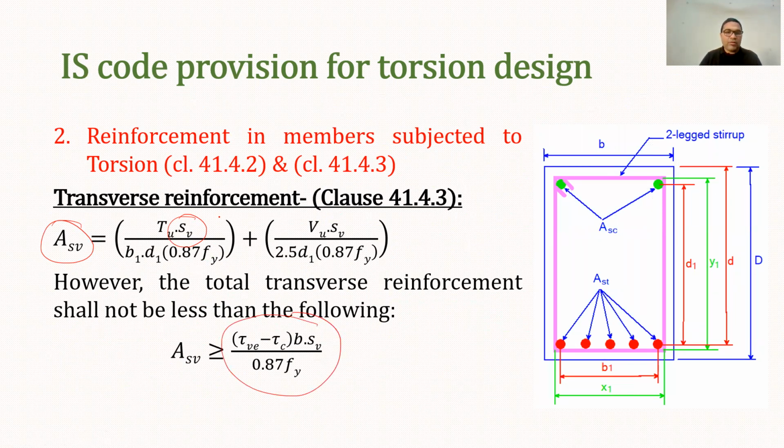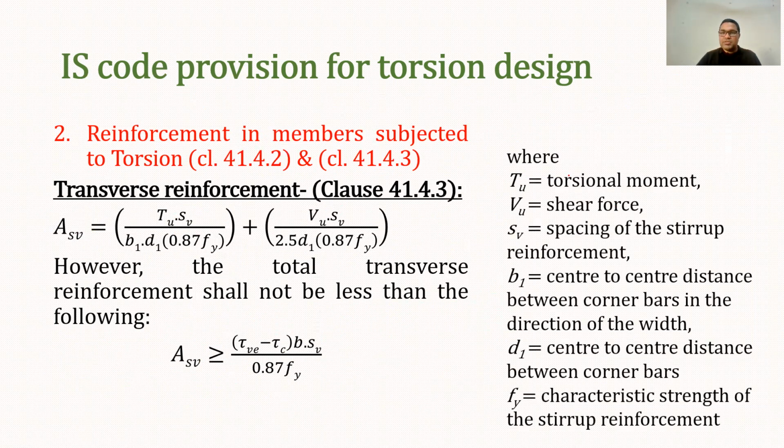So ASV can be calculated with this formula, but the value of ASV so provided should also conform to this relation. ASV should be more than or equal to this value also. Then only can we say that the spacing we have provided for the stirrups is sufficient.